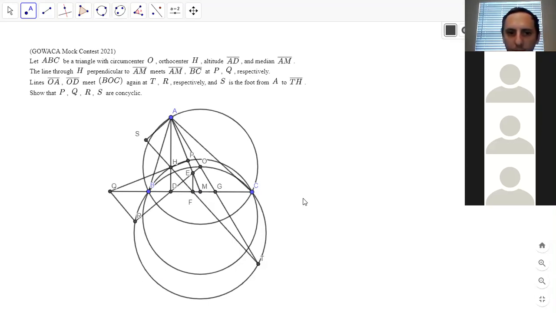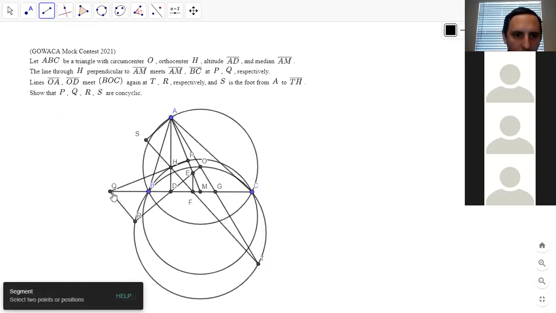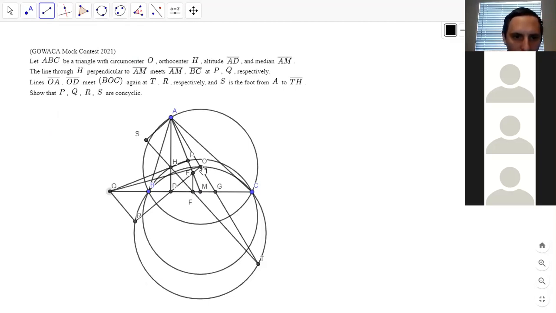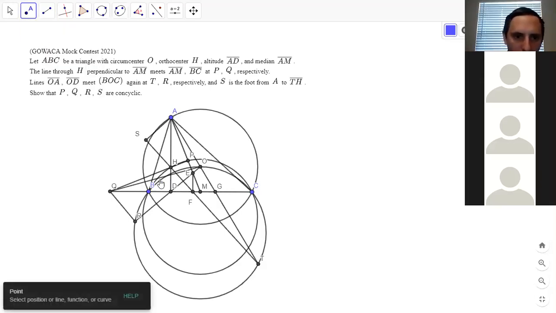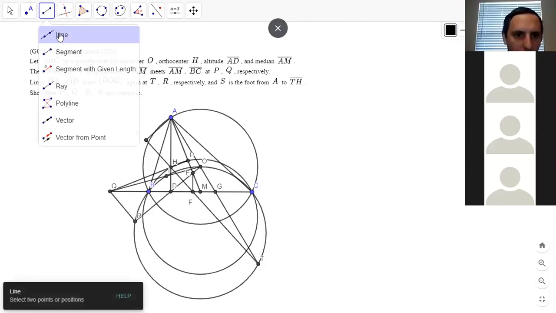QDBC. So we can start with that and project through O onto the circle. So let's see where Q goes to. Q would go to this point right here, right? And yeah, I'm not sure what to do with that point.